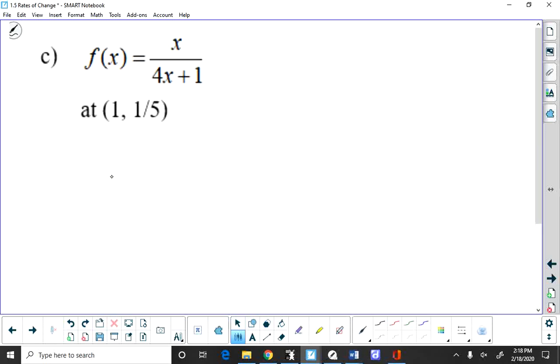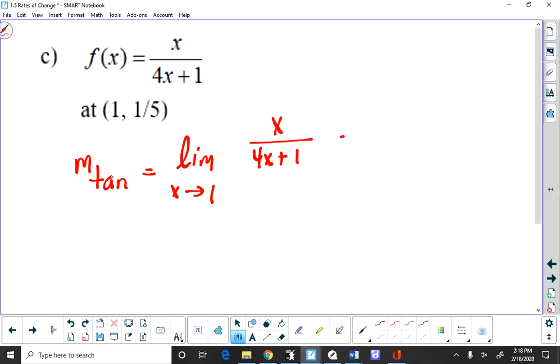So the slope of the tangent will be equal to the limit as x approaches 1 of f of x minus f of a over x minus a. So does that setup make sense to you? I didn't write the formula down, but this is your f of x.